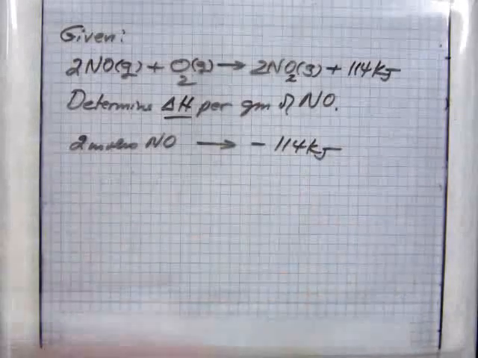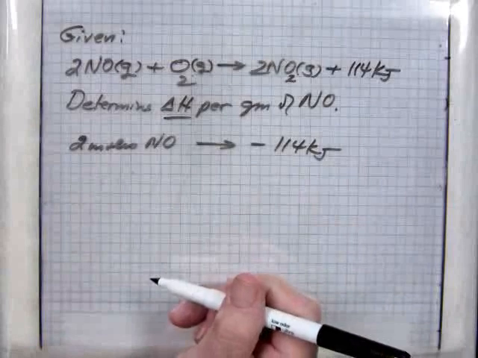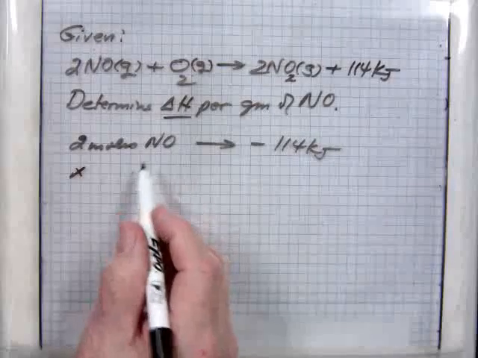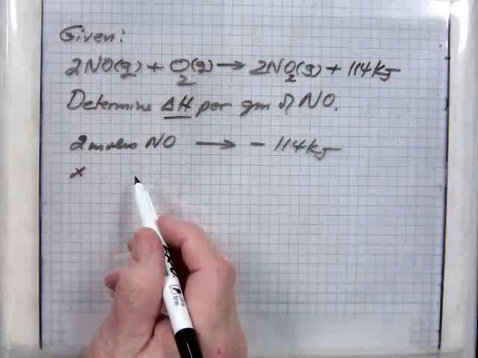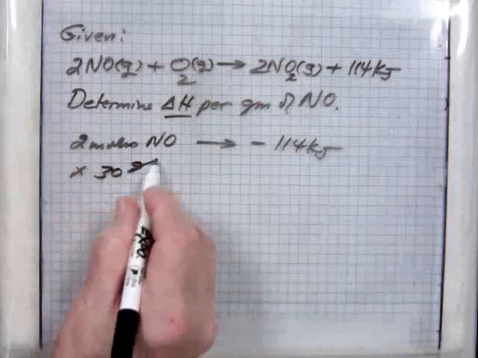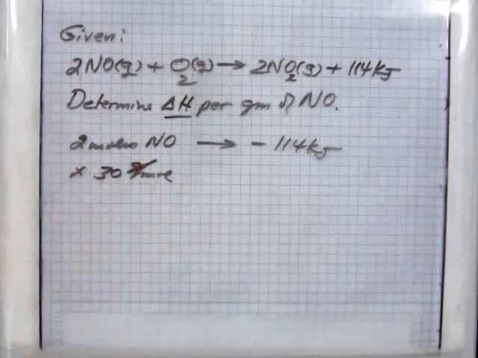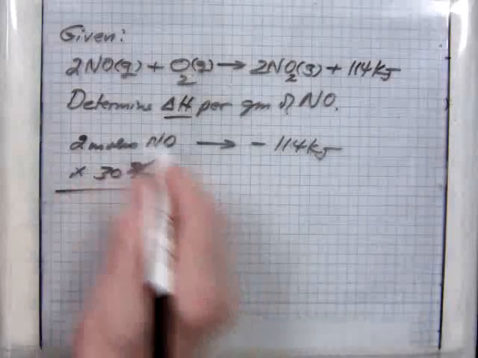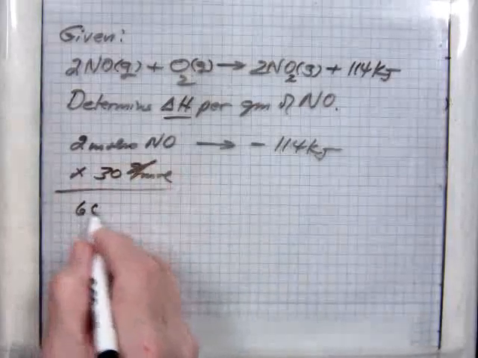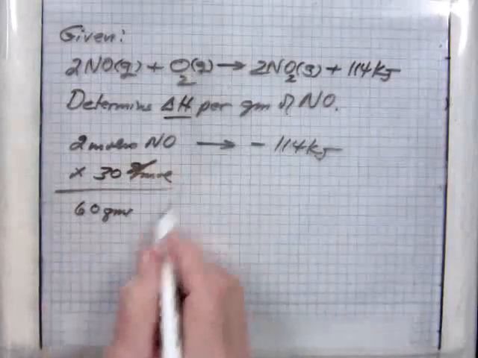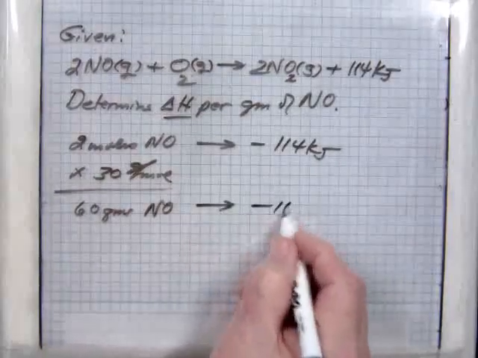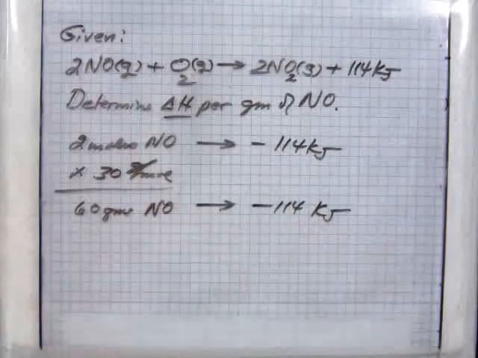Okay, so this is the same as times 16 and 14 is 30. Times 30, so this is the same thing as saying 60 grams of NO will yield a minus 114 kilojoules.